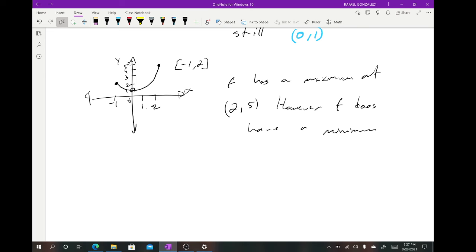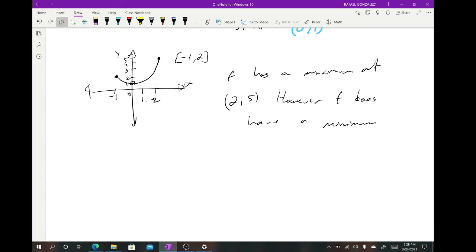Alright, so from these definitions, we get to the following theorem that's going to prove to be very, very useful. Okay, so theorem. This is called the extreme value theorem. Okay, so it says the following.